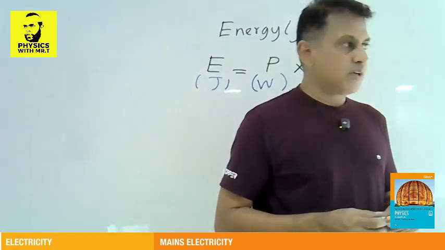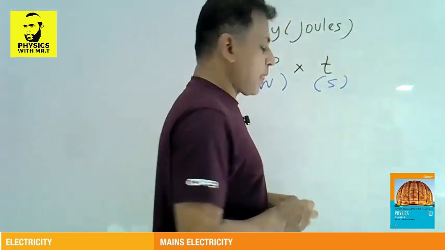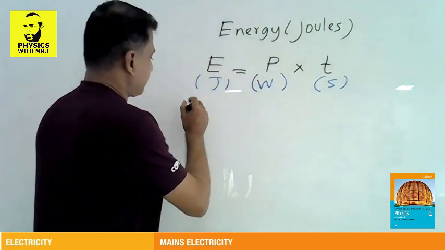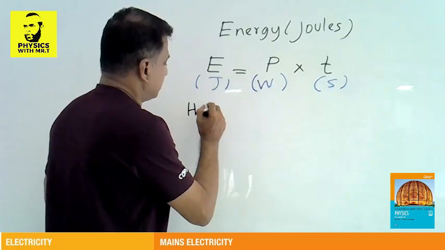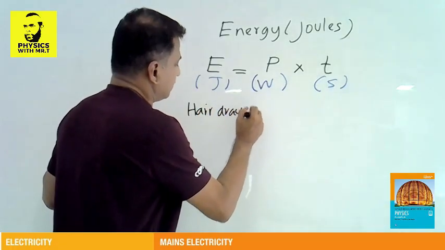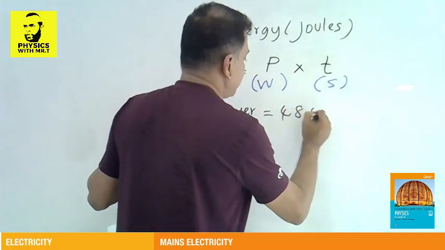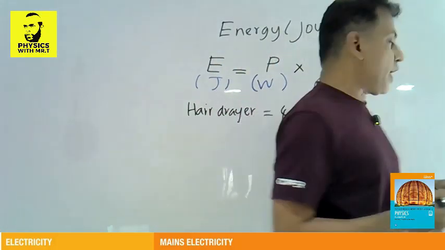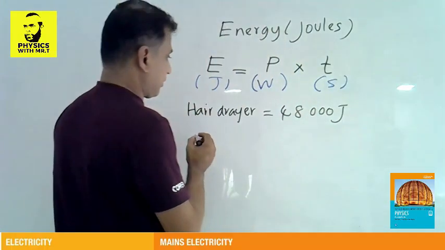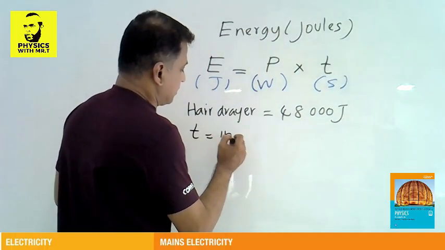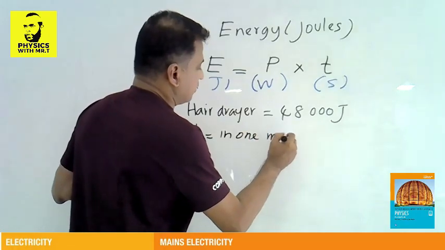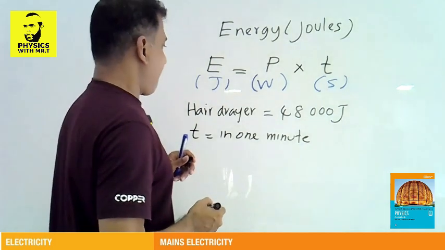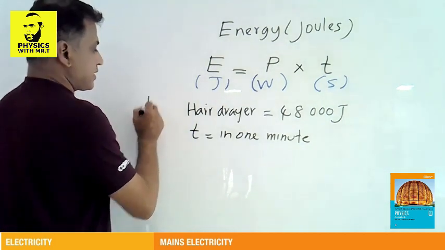So let's calculate this. A hair dryer uses 48,000 joules in 1 minute. So that's energy.